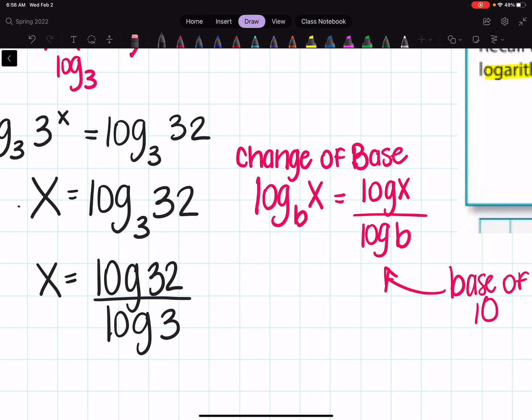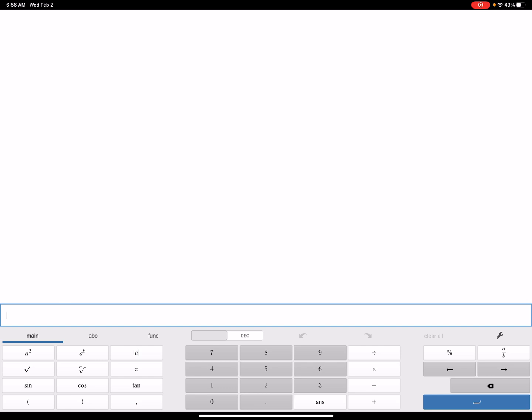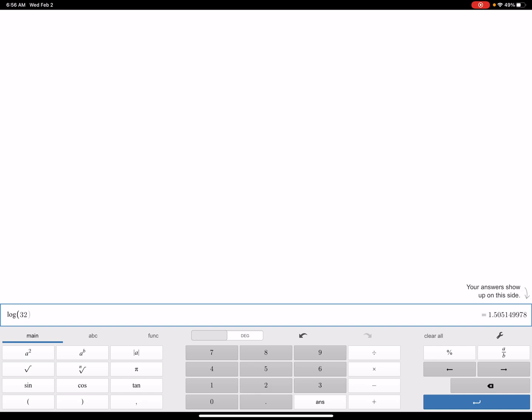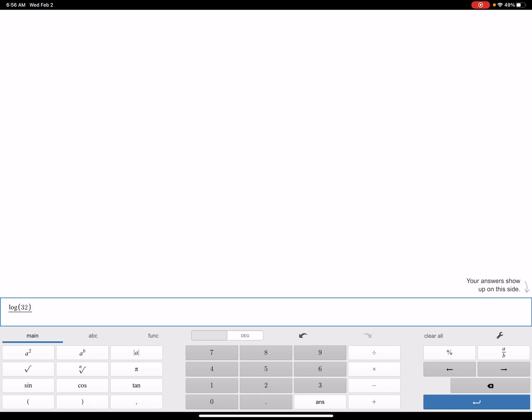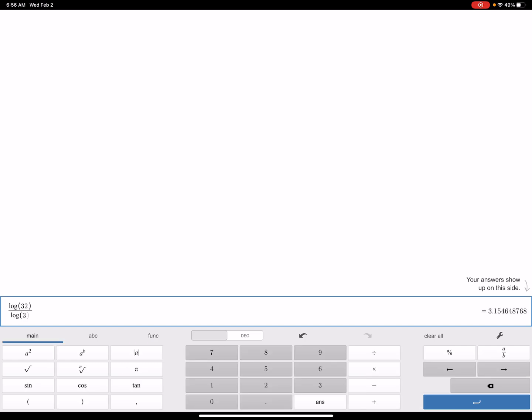Now that we've written it with our change of base formula, we can plug this into our calculator and get our actual value here. So we'll take log of 32 and divide it by log 3.